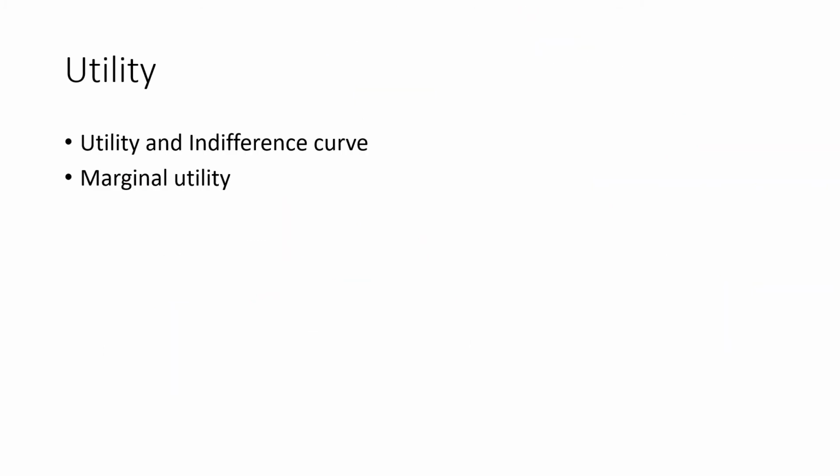Let us now understand the relationship between utility and indifference curve. What is utility and what is indifference curve? We understand that a utility function is, let's say, a function of q1 and q2. Now, keeping one of them constant, when we increase the second one, if q1 remains the same, we were consuming 16 pizzas and 9 burritos.